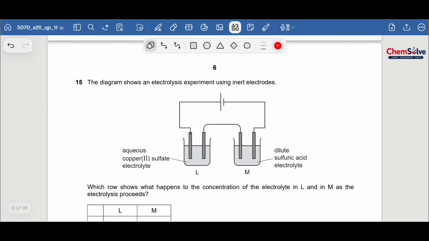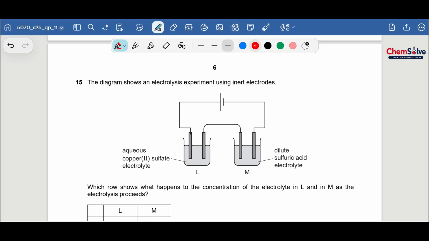Okay, next question. The diagram shows an electrolysis experiment using inert electrodes. In the right hand side of the beaker, we are given the electrolyte dilute sulfuric acid, and on the left hand side of the beaker, we are provided with aqueous copper sulfate electrolyte.